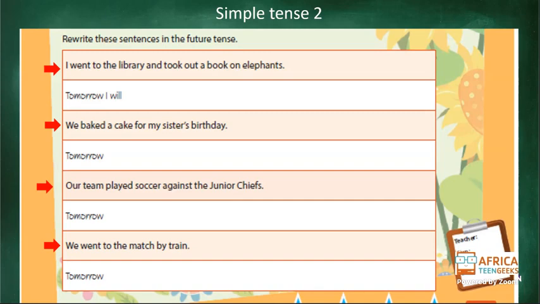Tomorrow we will bake a cake for my sister's birthday. Excellent. Next one. Tomorrow, our team will play soccer against the Junior Chiefs. Excellent. Tomorrow, we will go to the match by train. That is fantastic. Well done. Well done. Excellent.